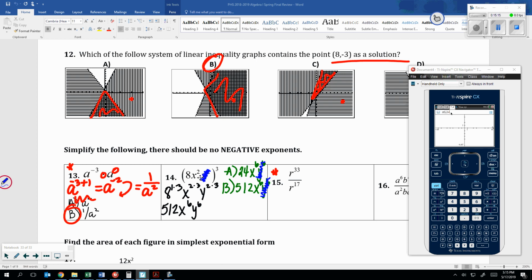So now when we graph it, we're going to graph it still in the parentheses exactly as it is. So 8x squared to the power of 3. Then we're going to go to our answer choices and tab and say, okay, 24x to the 6.